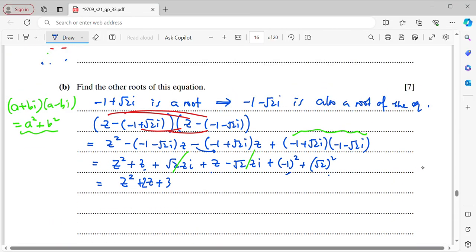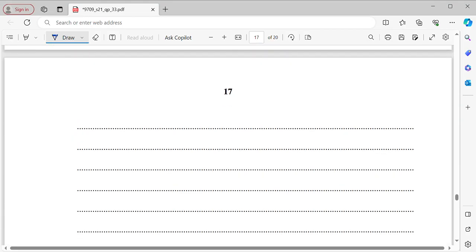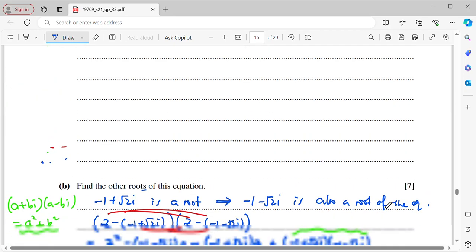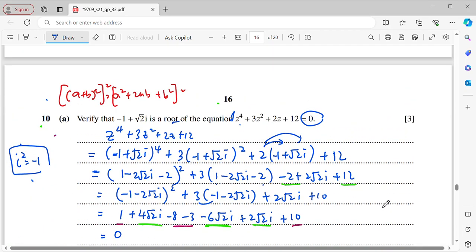And then now since you need to find other roots, that means you need to find another 2z value. Then now I need to get it from the polynomial division. So I will continue here. Z squared plus 2z plus 3, then your polynomial, when you look at the polynomial over here, it is z degree 4 plus 3z squared plus 2z plus 12 equals to 0.